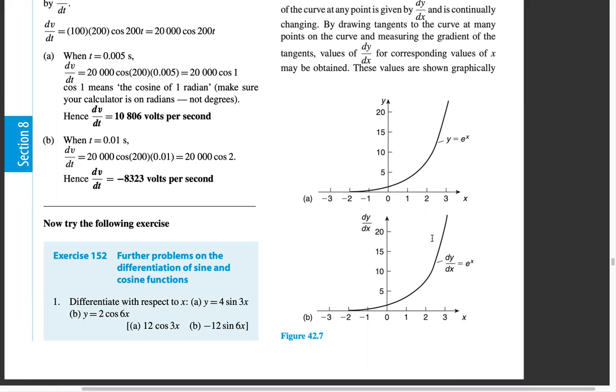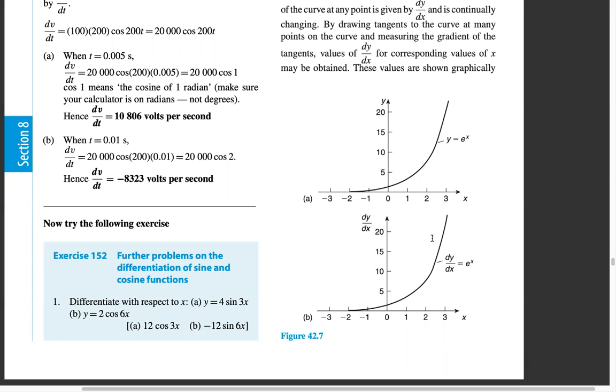This function models the growth rate of a lot of things that occur in nature, okay? So the value of the gradient at a point is actually equal to the y value. This function e to the x is the only function in mathematics with that property, right? The gradient at a point is the value of the y coordinate at that point.